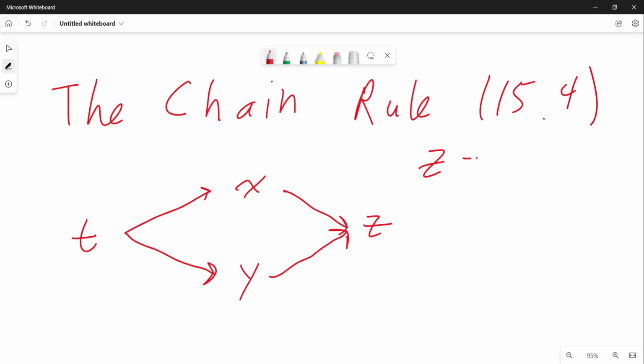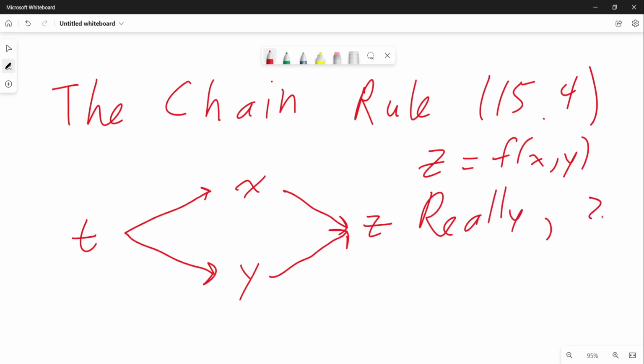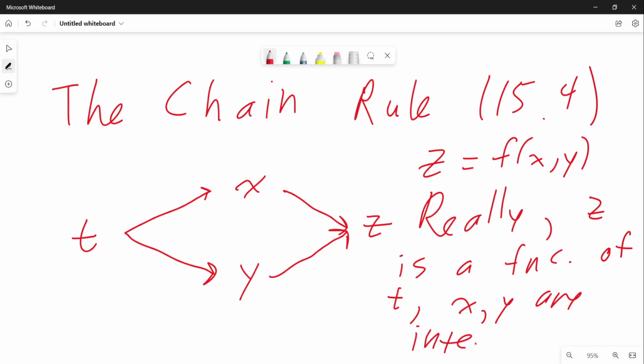Say we have z as a function of x and y, but x and y are really both functions of t. So in reality, z is a function of t, with x and y as intermediate variables.